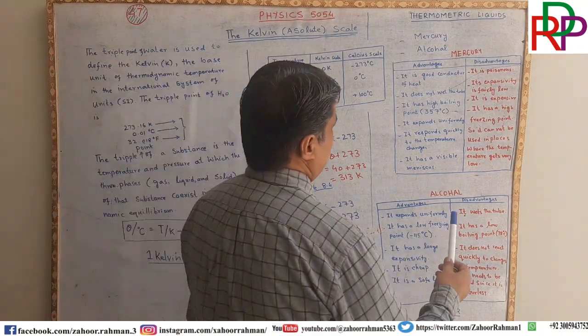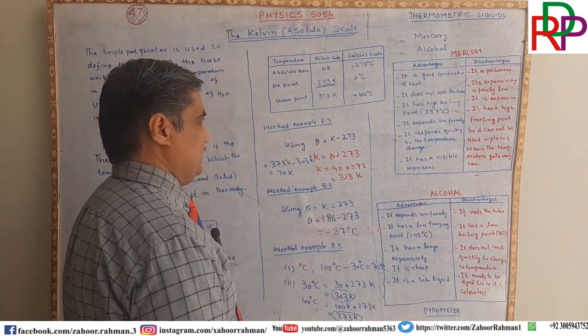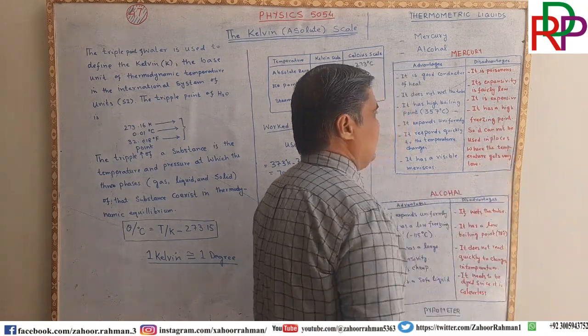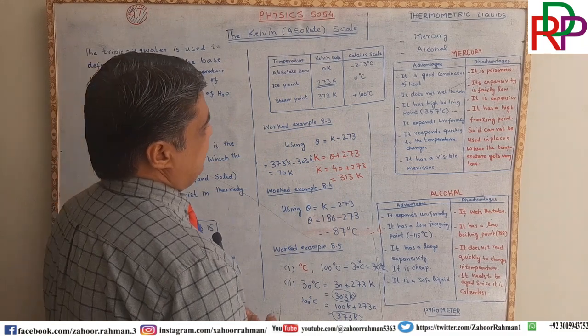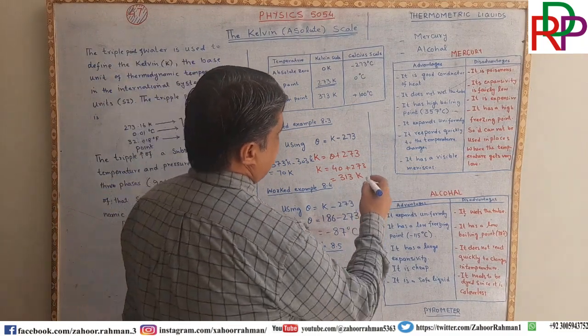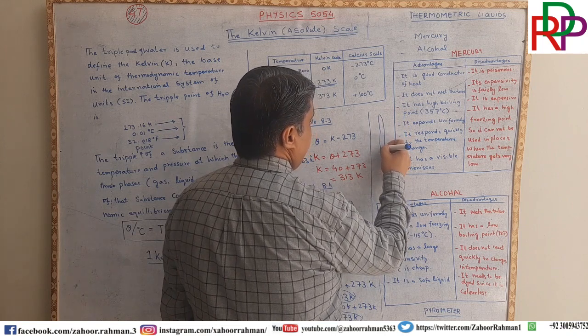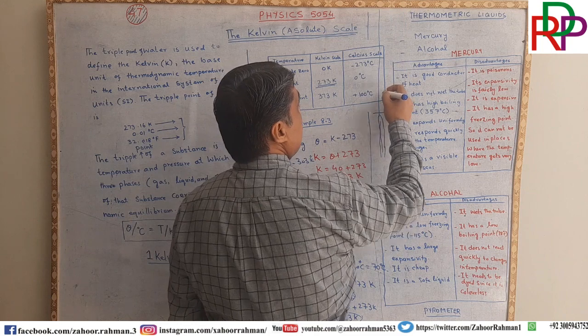So this is the disadvantage, that mercury is poisonous. Its expansivity is fairly low. So it means that it is expanding by a small amount. It will expand till this area and it will not go beyond that.